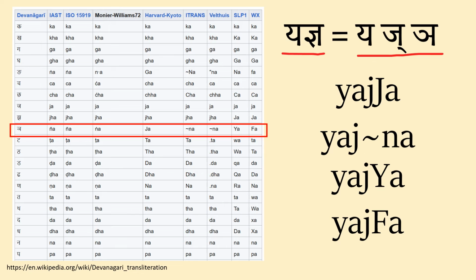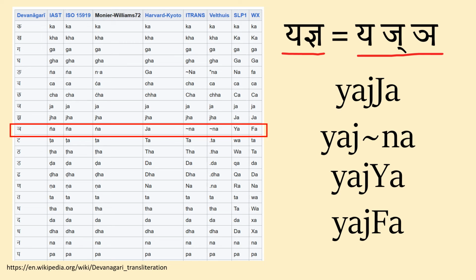So there are already some standard transliteration schemes. Transliteration means mapping between which symbol in the Roman script represents what sound.